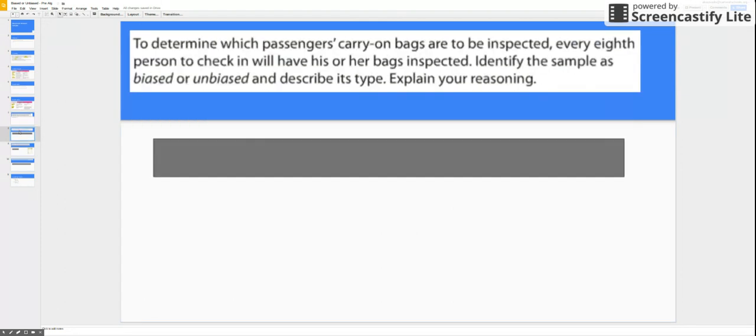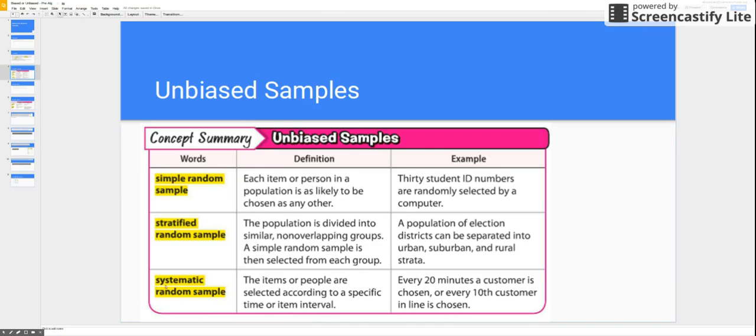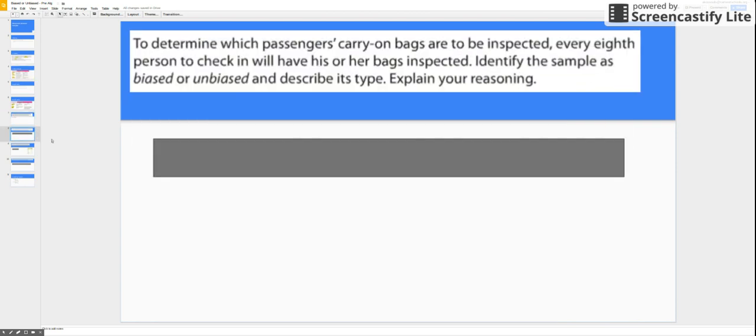To determine which passengers' carry-on bags are to be inspected, every 8th person to check in will have his or her bags inspected. Identify the sample as biased or unbiased and describe its type. Explain your reasoning. Every 8th person to check in will have their bags inspected. That looks a lot like a systematic random sample: the items or people are selected according to a specific time or interval.